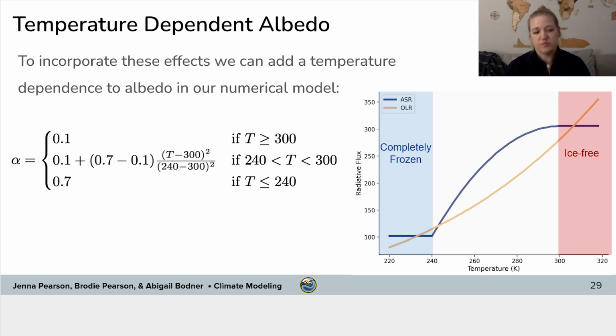In between, we have this partially frozen state where the albedo can increase or decrease depending on temperature decreases and increases respectively. The shape of this curve is important, so note that for temperatures that are above but near our lower bound of 240 degrees Kelvin, the amount of absorbed shortwave radiation increases much faster than when we are approaching 300 degrees Kelvin. This is because the equator receives the most direct insolation, and it also takes up the most area per degree latitude on Earth.